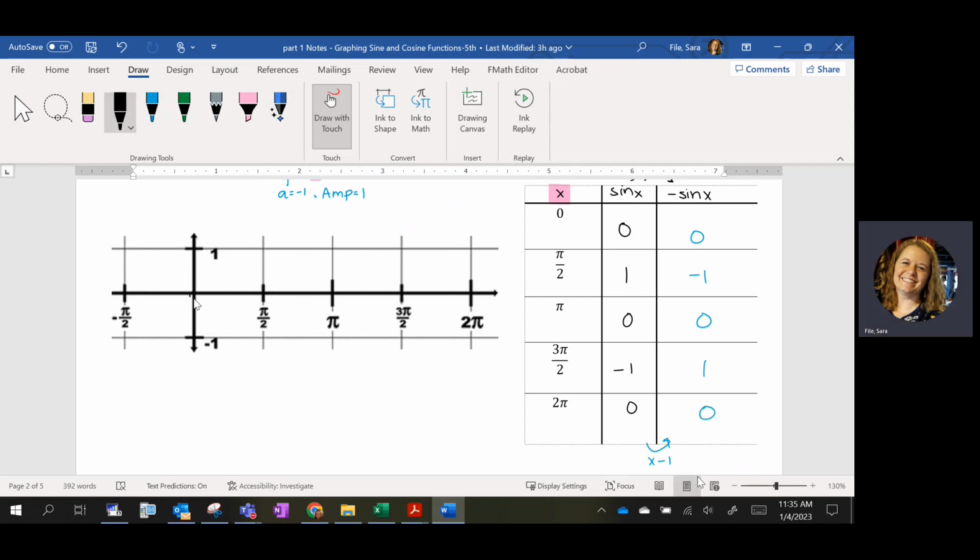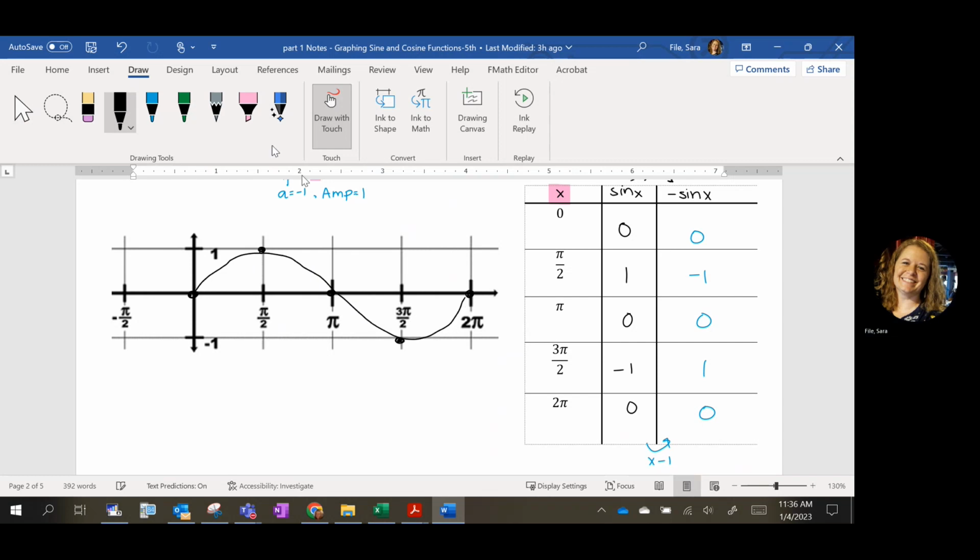So even though the period is not going to change, the amplitude is not going to change, the graph is going to change. Because here's the parent function. And here's the new function if I plot those points with the negatives and positives flipped.